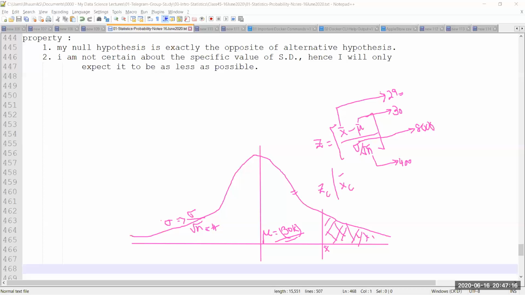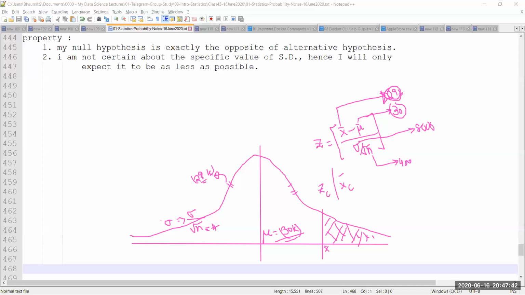But what we usually do is that because we are interested in finding this, we consider this as the mean. So what I mean by that is the distribution that we have over here, we assume that this distribution belongs to a situation where we have already satisfied the hypothesis which we created of 29k.